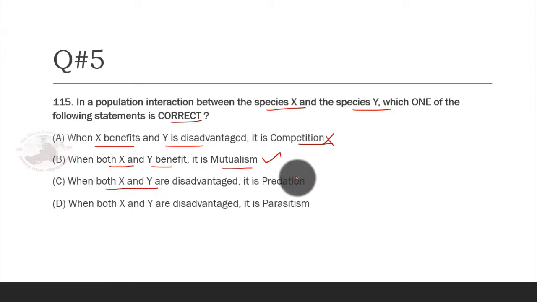Both X and Y disadvantaged, predation is not that, one will be advantaged. Where one is benefited and the other is disadvantaged, it is called parasitism. This is also incorrect. In these conditions one will be benefited, and here also the two organisms may not have food in competition.